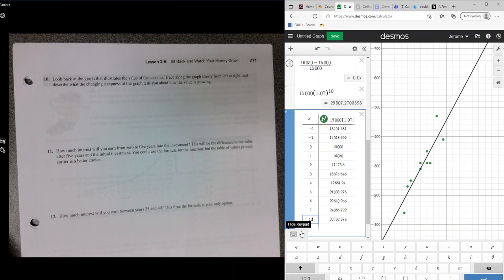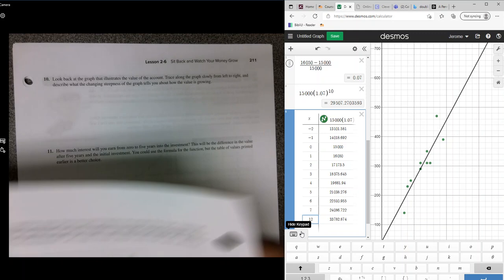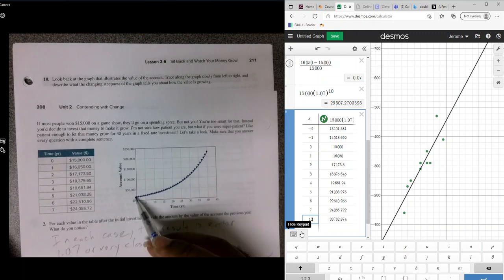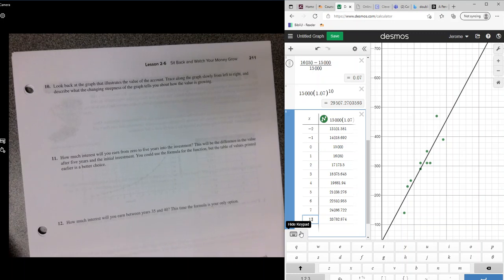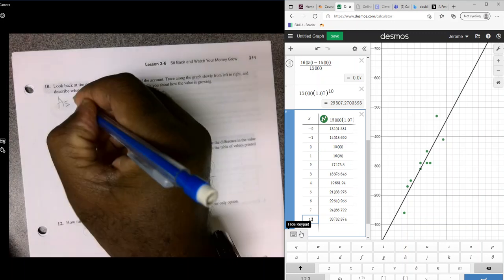And if you notice as we go along, it starts growing faster and faster. That's what the steepness is. It's getting steeper and steeper more quickly as we go on. So basically, as we go on, the graph gets steeper faster.